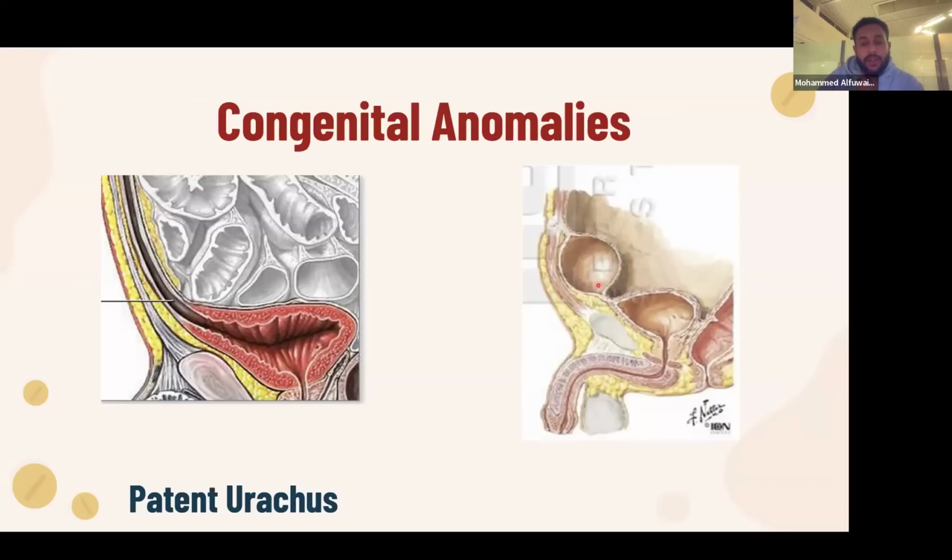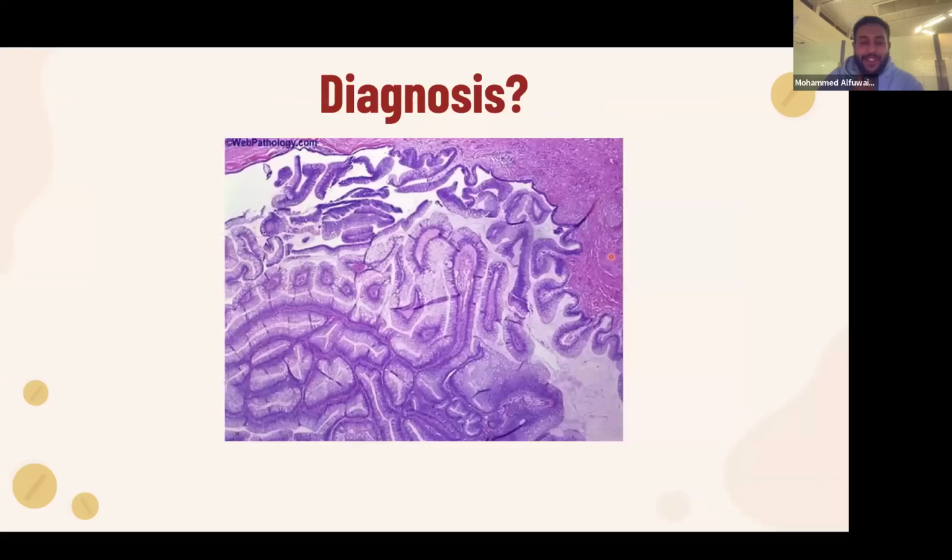What's significant about it? Adenocarcinoma. Good. Now, what is the precursor for adenocarcinoma in the bladder from the urachal cyst? Do you guys know? Villous adenoma, which is what's happening here. So what happens in urachal cyst is that it can form villous adenoma.